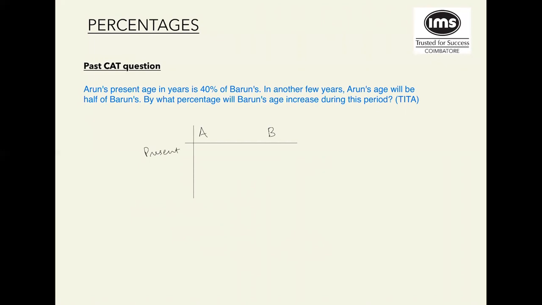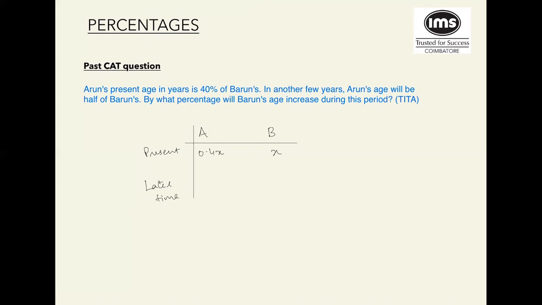Another is after some time, later age. If I take a variable, let's take it as x for Barun. And then Arun's present age is 40% of Barun. I'll write it as 0.4x. So A is 0.4x.